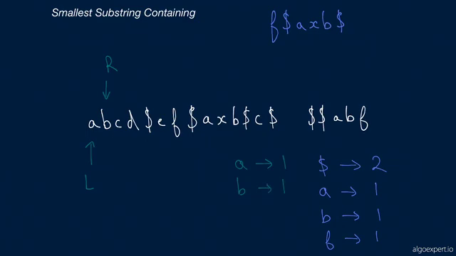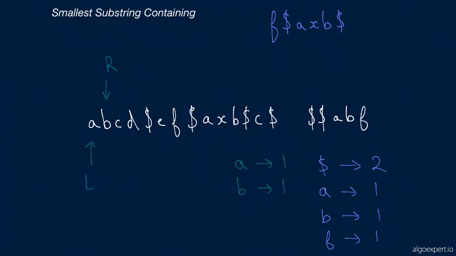Now at this point I should take a step back and say, what other checks are we performing whenever we iterate through this string? Because we're not just adding the characters in our hash table. The other thing that we want to do is continuously check if we've actually found a substring between the L pointer and the right pointer that contains all of the characters in this hash table.